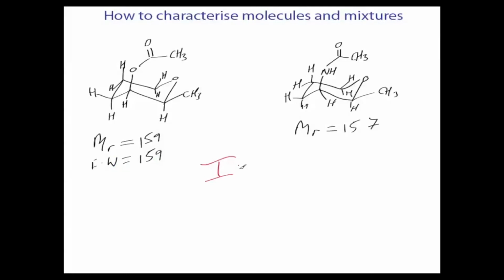So this is infrared, sometimes called IR. It's called infrared because it actually uses the infrared wavelength, so very close to the red colour in the spectrum. So it uses infrared. It looks at the vibrational spectrum of molecules.